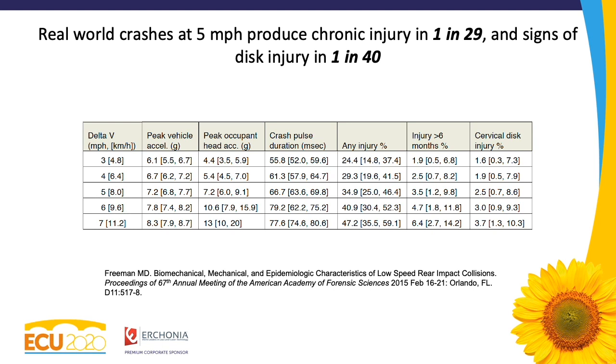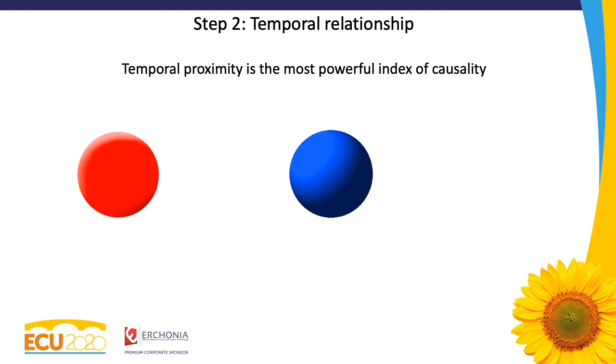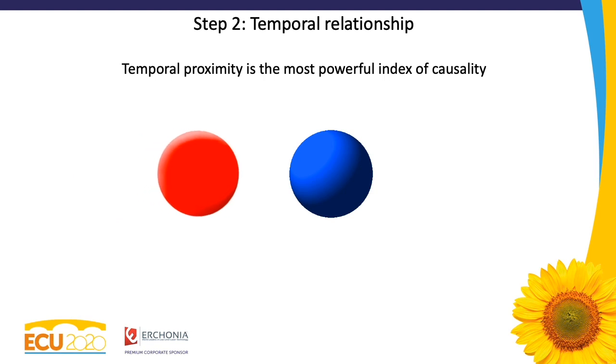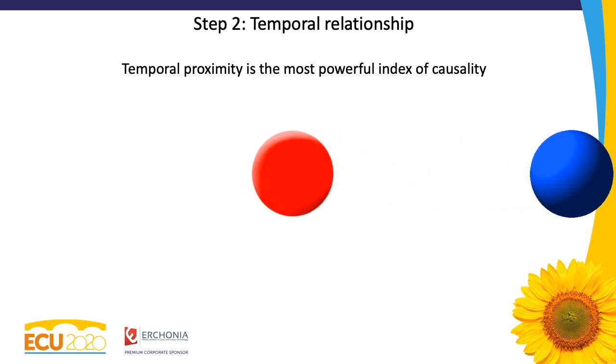That's based on epidemiologic studies of crashes, looking at what people's medical histories are afterwards. About 1 in 3 people get any degree of injury from the crash. Again, looking at the temporal relationship, we talked about that before. If it's very close in time, we tend to think it's causal.